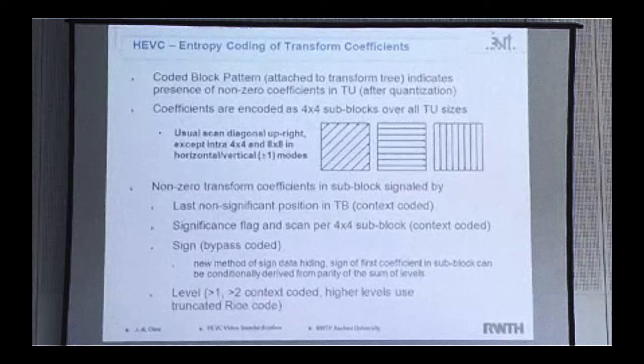In the case of 8 by 8 transform, you have 4 of these subblocks. There are 3 different scans, where, however, the larger transform sizes, 16 and 32, only use one of them. I can proudly tell you that HEVC is the first video compression standard without a zigzag scan.